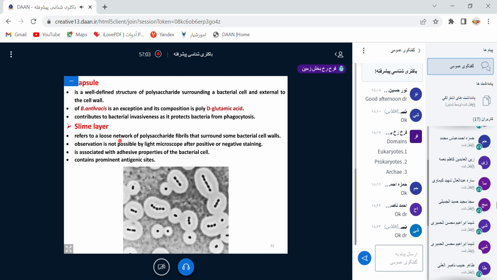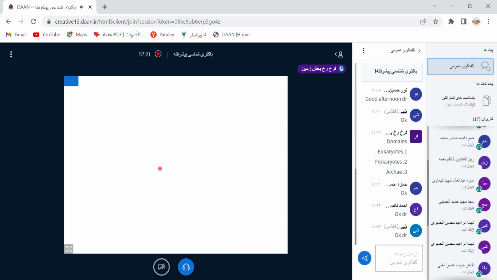So by staining we cannot see the slime layer, but by staining we can see the capsule. It is associated with adhesive properties of the bacterial cell and contains prominent antigenic sites.